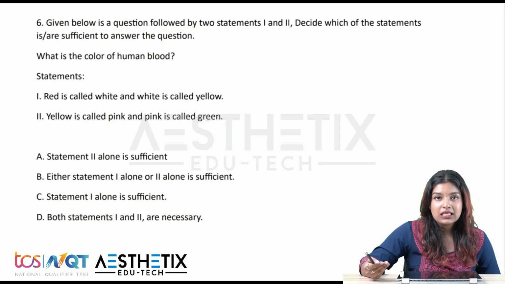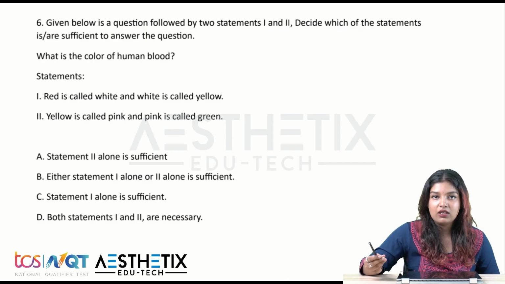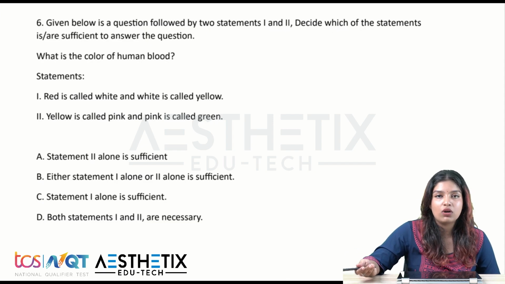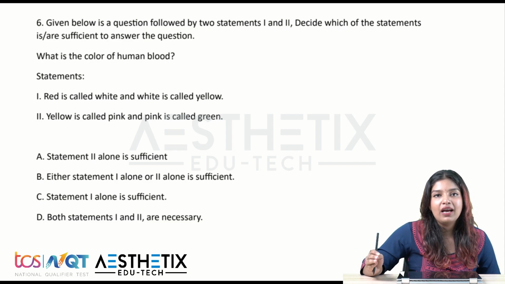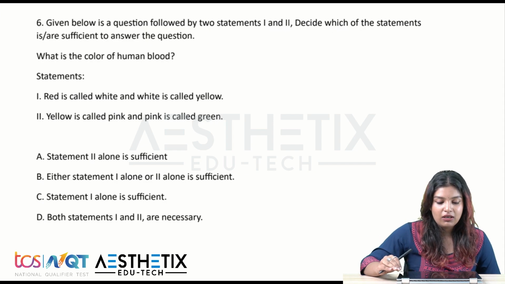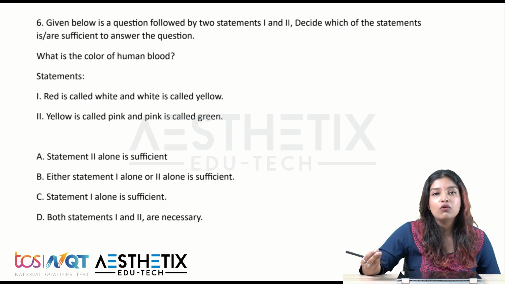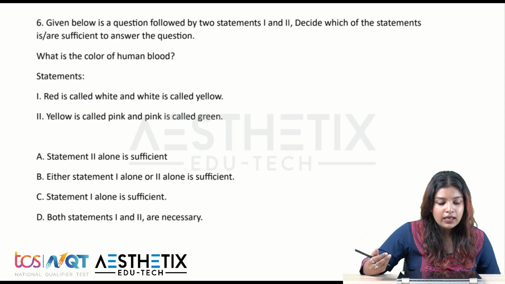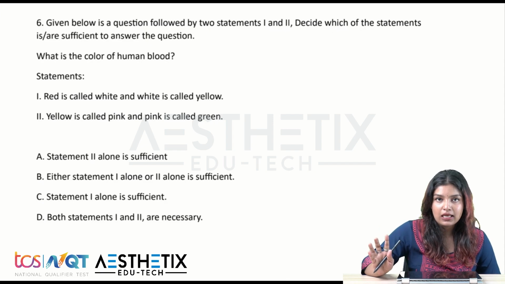So among the statements given, we have to find out whether both statements are required to answer the question given, or statement 1 alone is sufficient or statement 2 alone is sufficient. So here what we have to do is, we have to read the question first. And the question here is, what is the color of human blood? And we know the logically correct answer for the question is red only. Okay. So here the word red is called white in the very first sentence only.